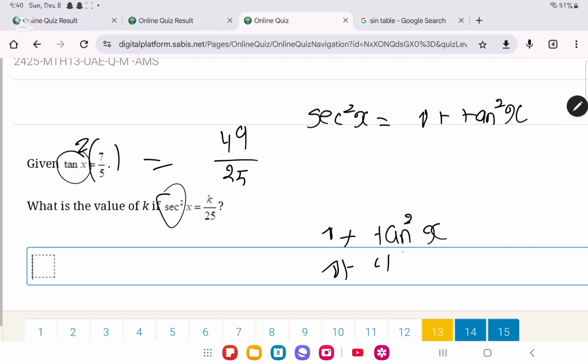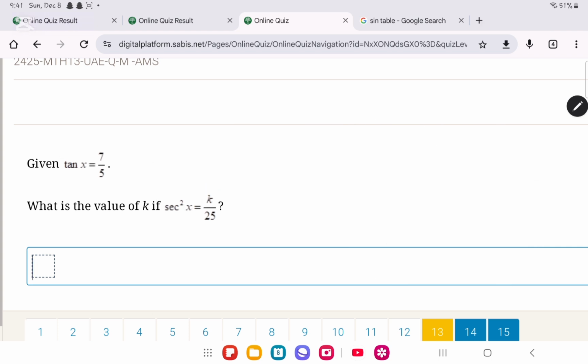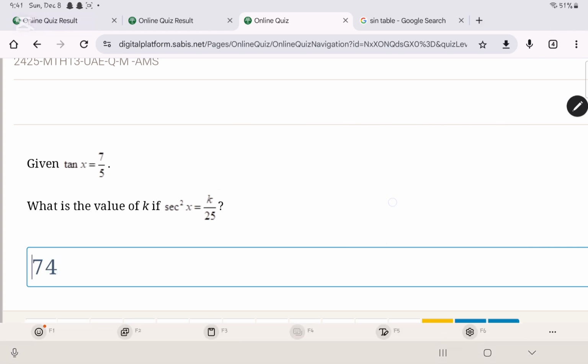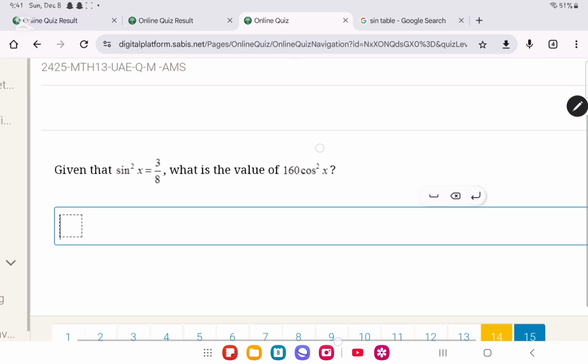So 1 plus 49 over 25, so that's 25 over 25 plus 49 over 25, and that gives us 74 over 25. So the value of k is then 74. Now we move on to question number 14.